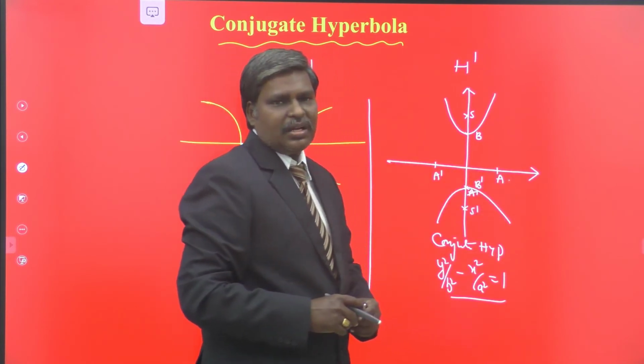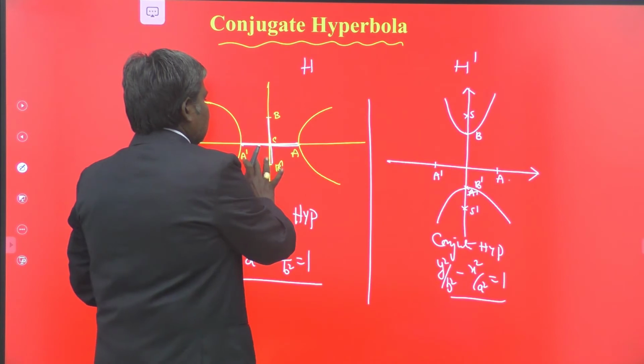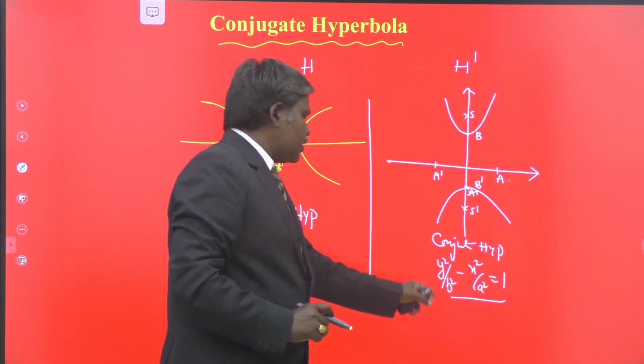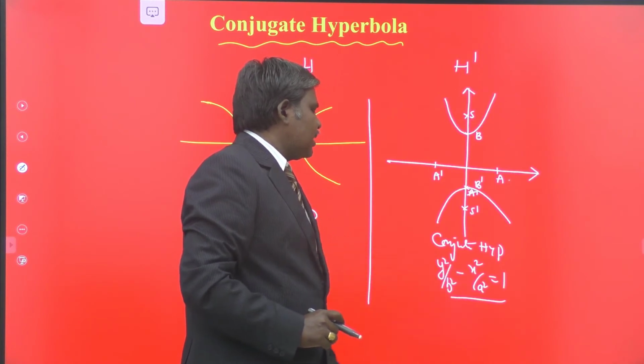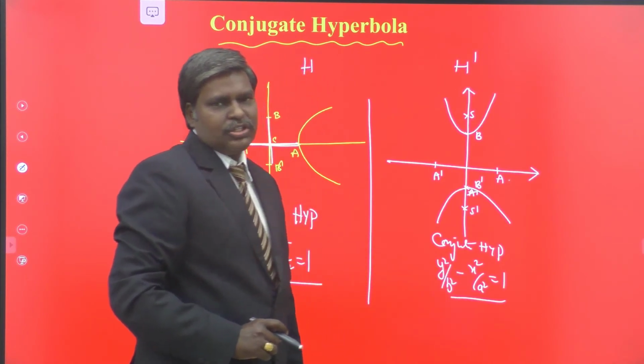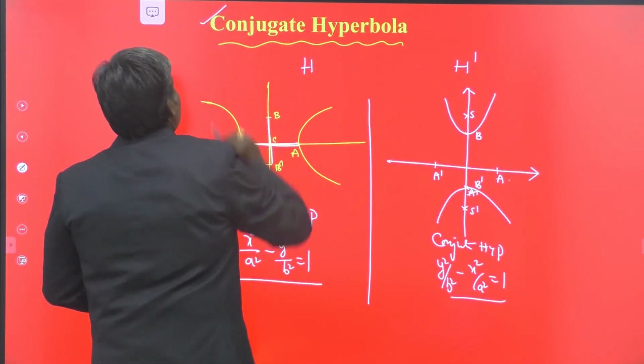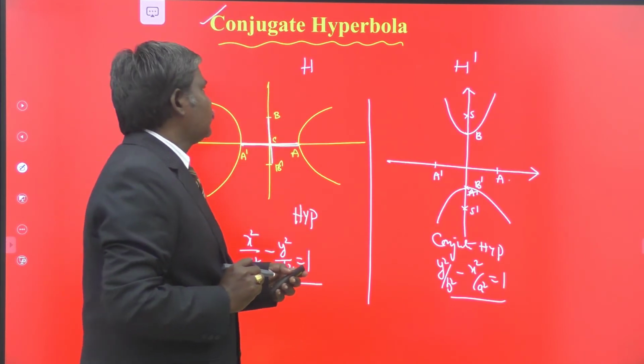A dash is your conjugate axis. So this is the hyperbola, this is its conjugate hyperbola, and its equation is y square by b square minus x square by a square is equal to 1. Understand? This is the way to define the conjugate hyperbola.